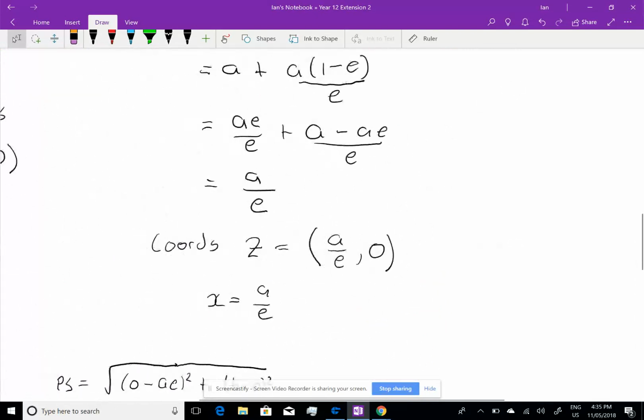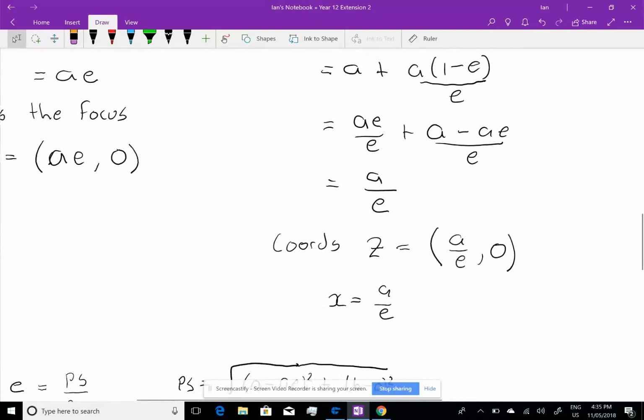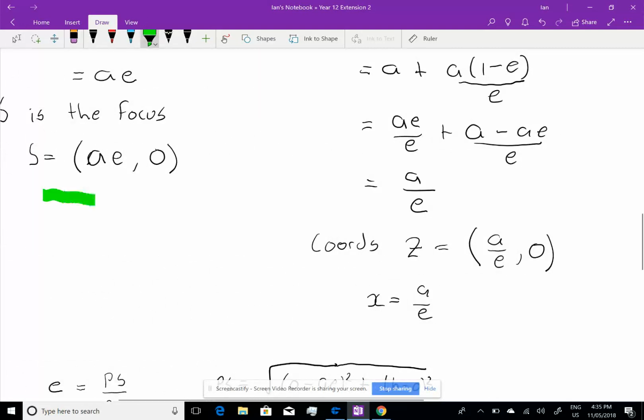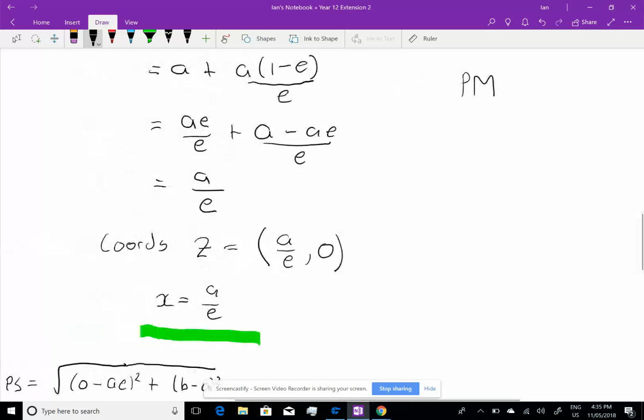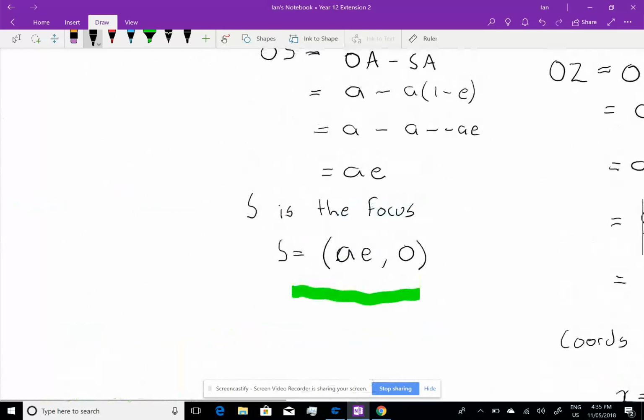So we've just found out the coordinates of the focus and the coordinates of the directrix. There's a lot of algebra here in this proof. Now PM, let's go back and have a look at what PM is in this original one that we were doing before.